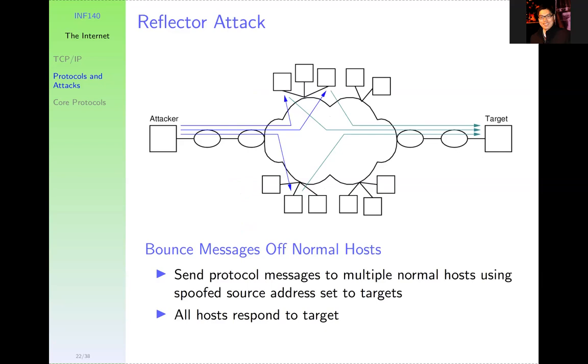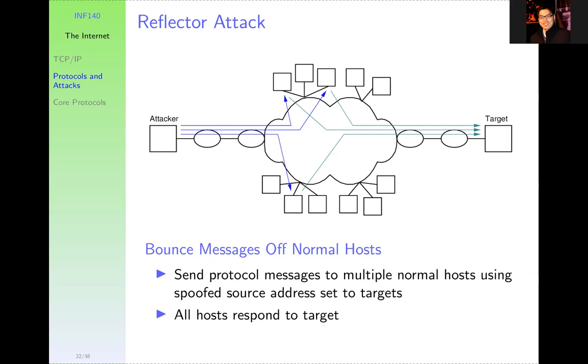But if the attacker changes the destination IP address to some IP address in the external network, but with the source IP address as the target IP address, then the attacker might be able to go through this firewall.